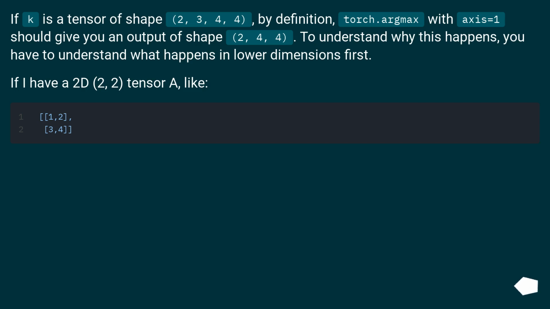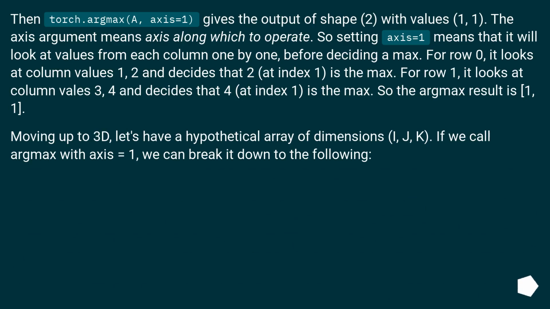If I have a 2D, 2, 2 tensor A, then torch.argmax A, axis equals 1, gives the output of shape 2, with values 1, 1. The axis argument means the axis along which to operate.